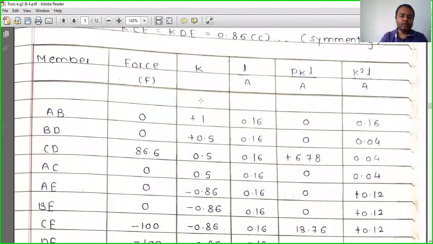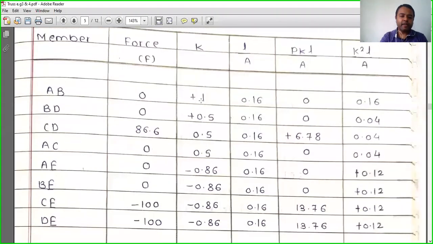Finally, you can get this table. Write down the number of members. These are the P forces, meaning we have made the structure determinate by removing one extra member. Write the forces. These are the K forces. Now the important thing is the sign convention.